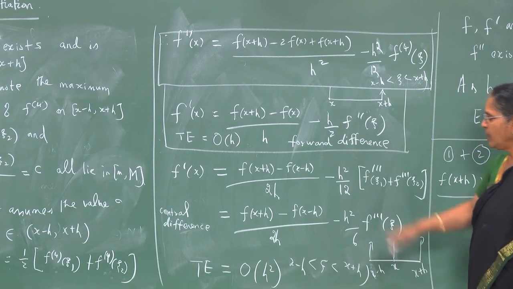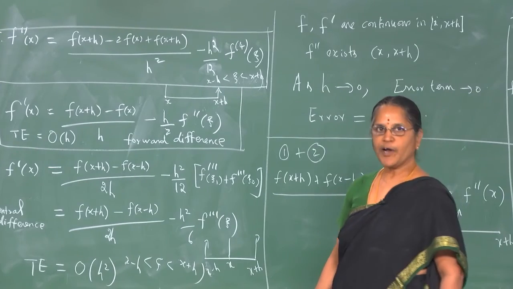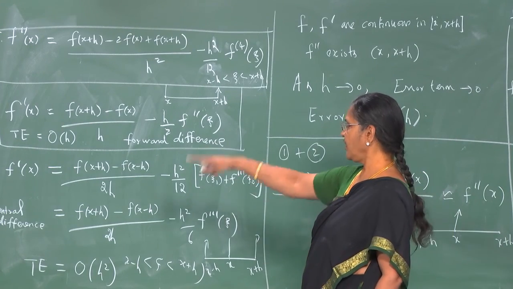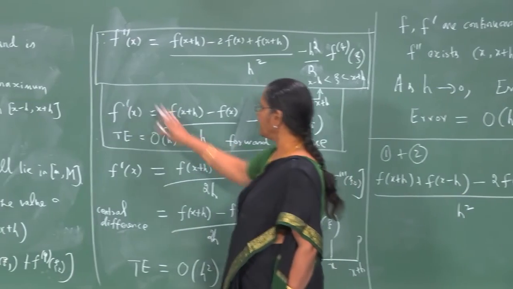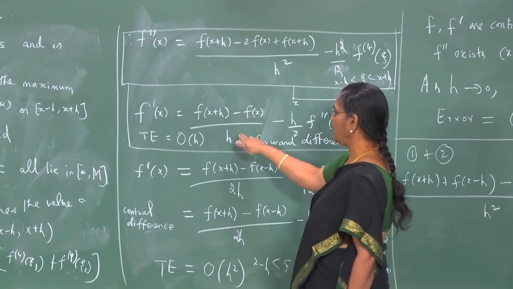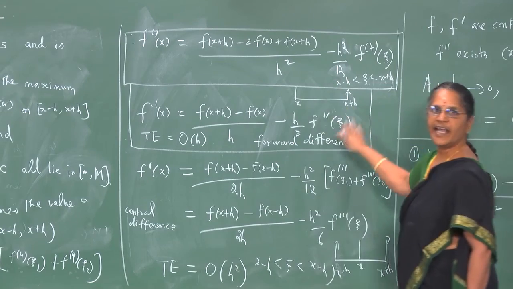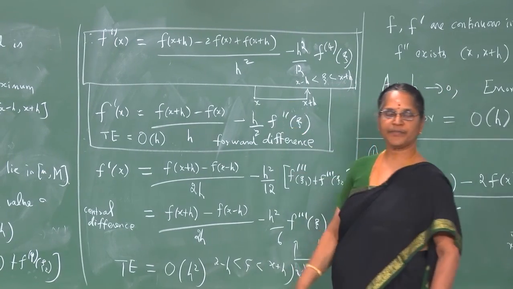So, one can also derive a backward difference approximation to the first order derivative, and that will be given by f prime x is equal to f of x minus f of x minus h by h, with the error term which will be similar to this expression.